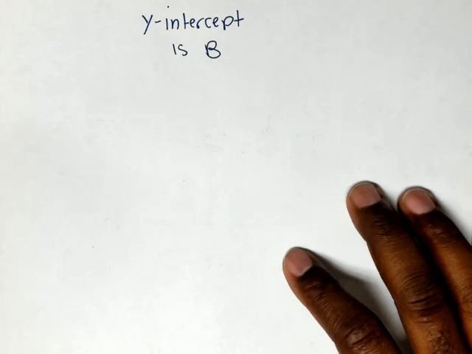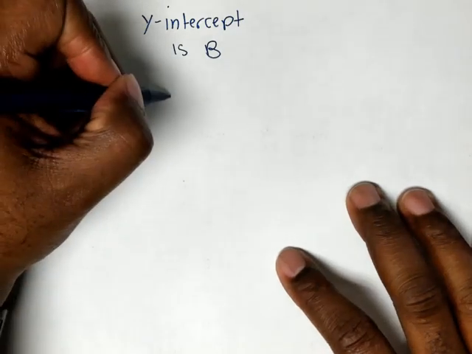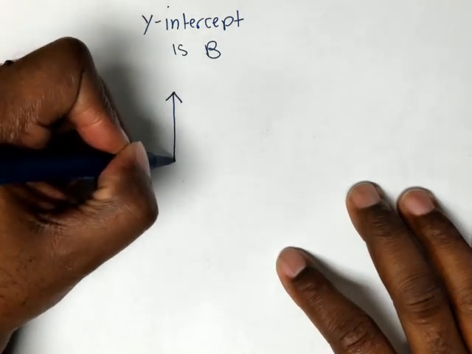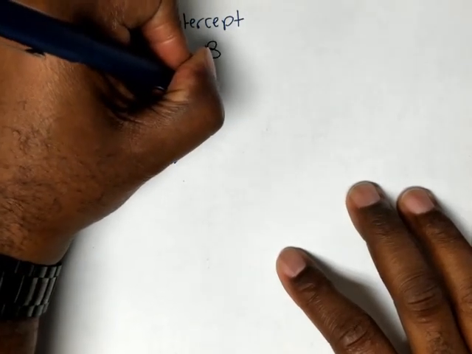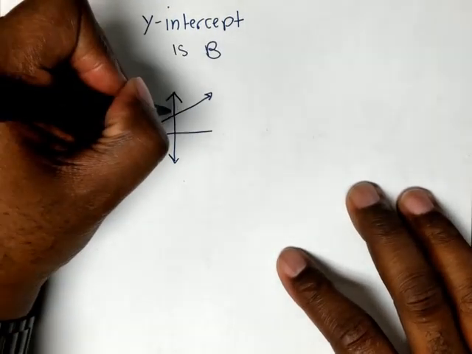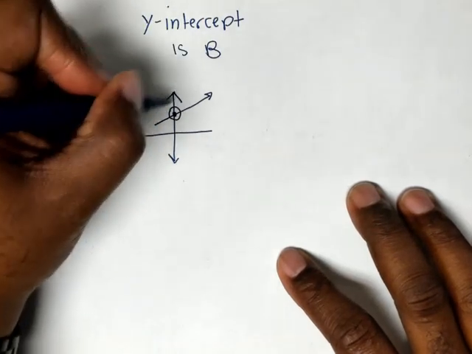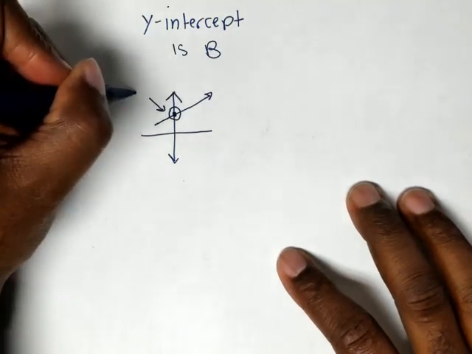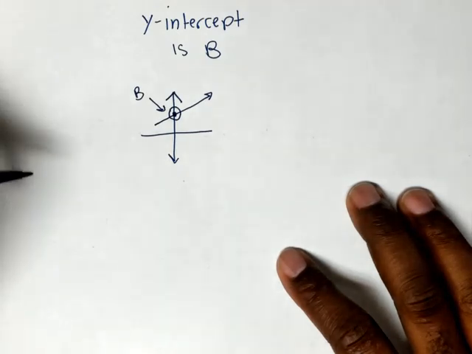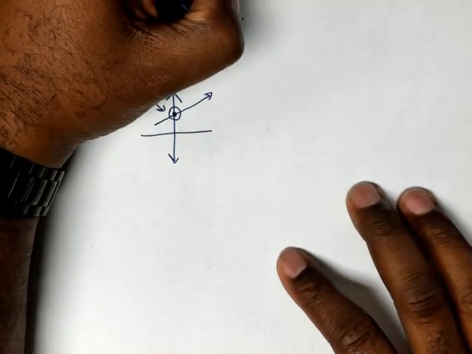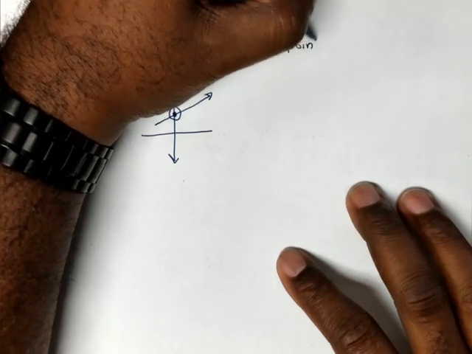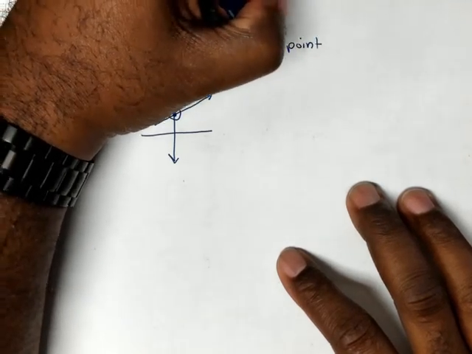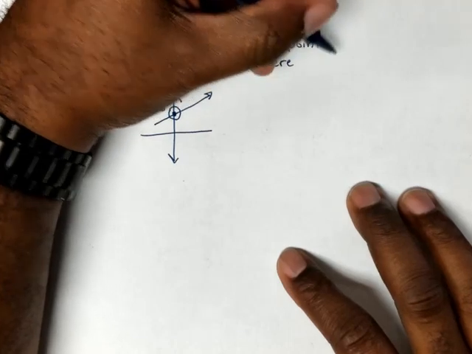It's the part where it starts. If I'm graphing something, like this one right here, and I draw a line through, my y-intercept would be right here. I'm going to draw an arrow towards that and put b. This is the point where the line crosses the y-axis.